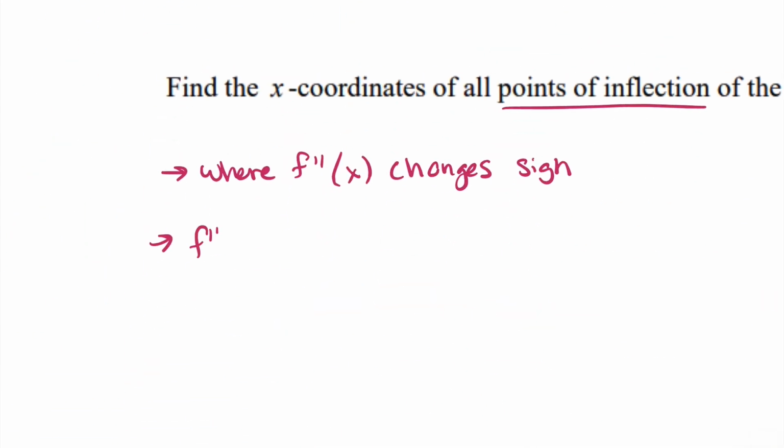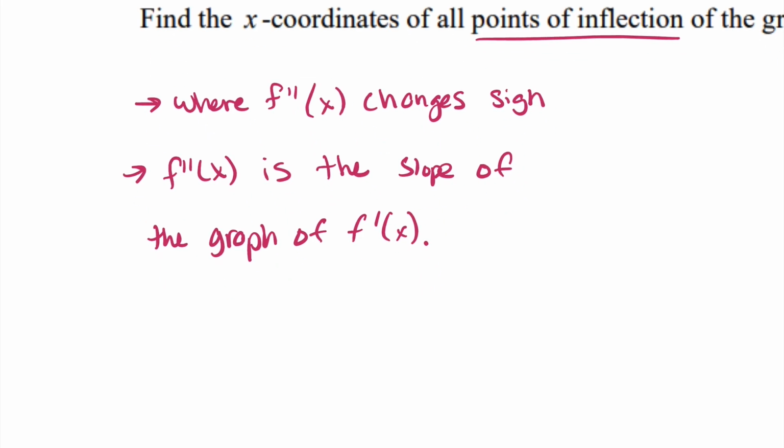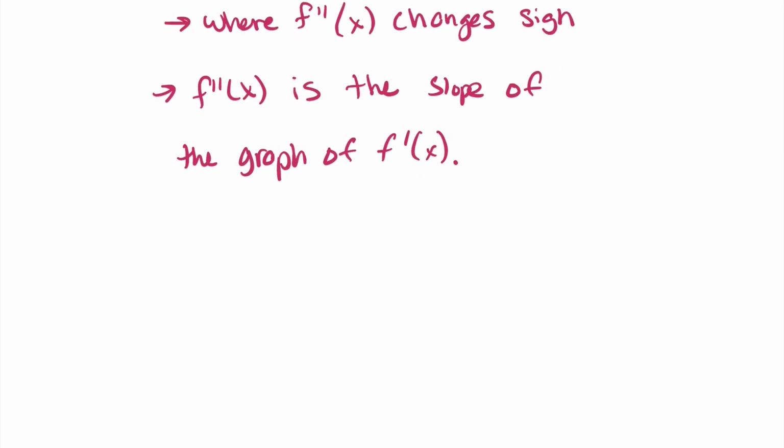So f double prime, what does it represent? It is the slope of the graph of f prime. That's important. You have to make that connection that the f double prime is the slope of the graph of f prime.